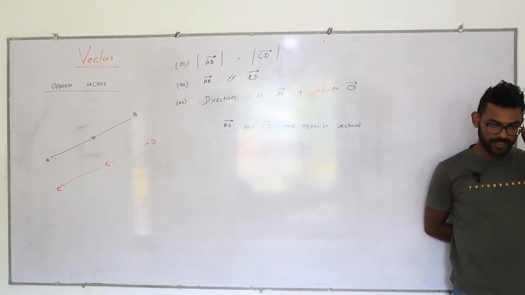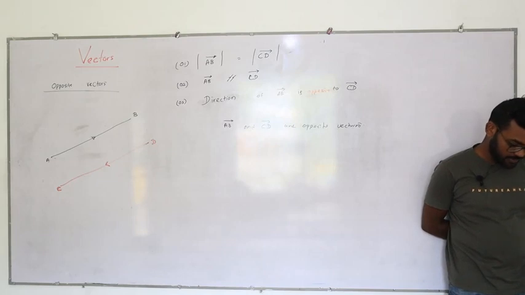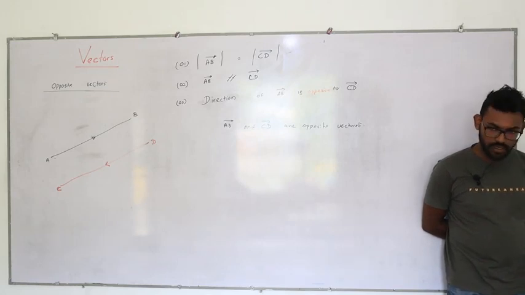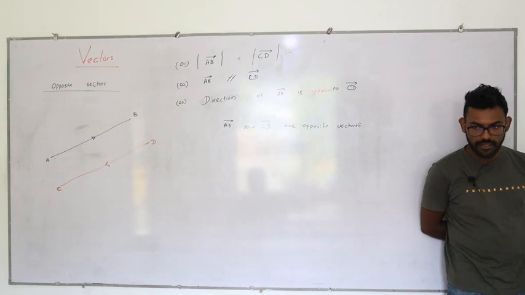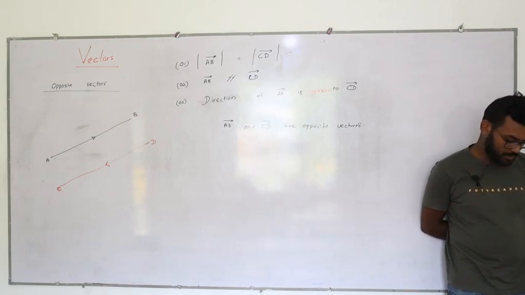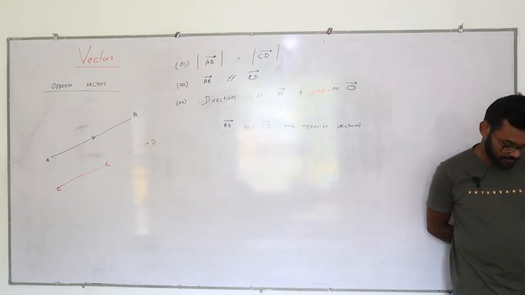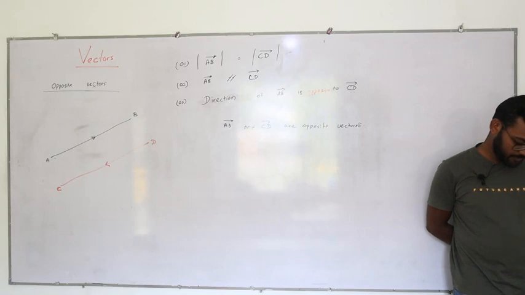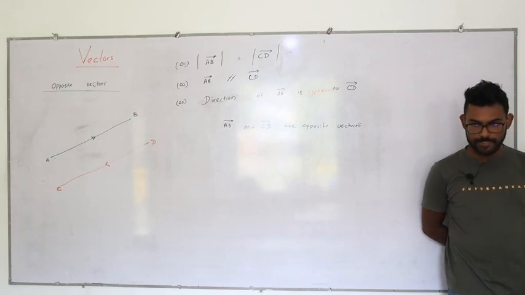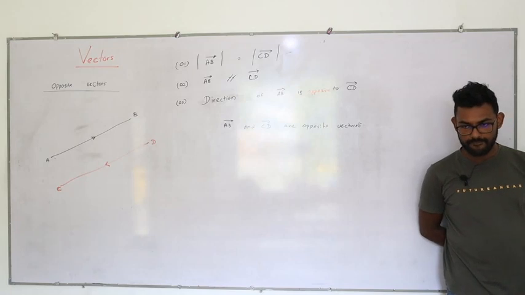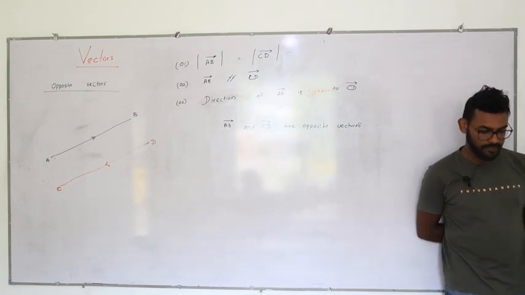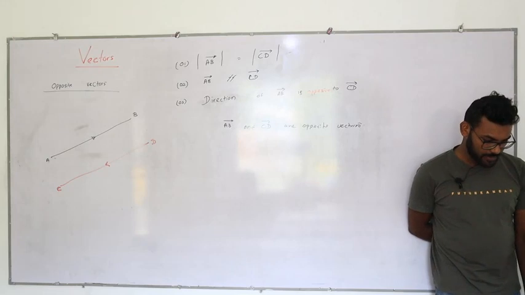Third, opposite in direction. Comma, they are considered to be opposite vectors. Opposite vectors.